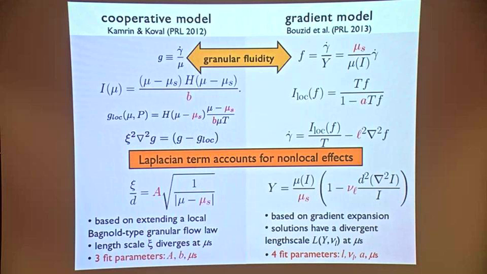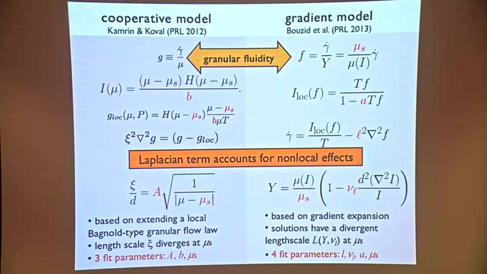So both of these models have a Laplacian. Both of those Laplacians tell you about the diffusion of fluidity. One of them says it comes from a cooperative effect. One posited that it came from a gradient expansion. These are both perfectly good ways to think about it, I think. And what we're going to find is it's very difficult to distinguish the predictions of these models.